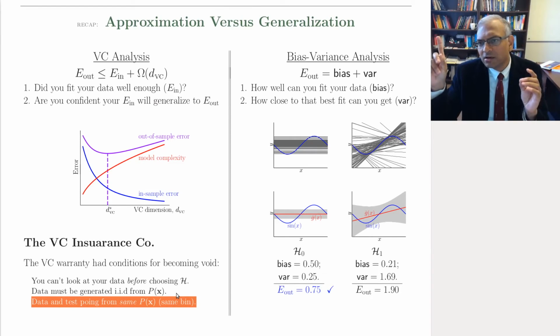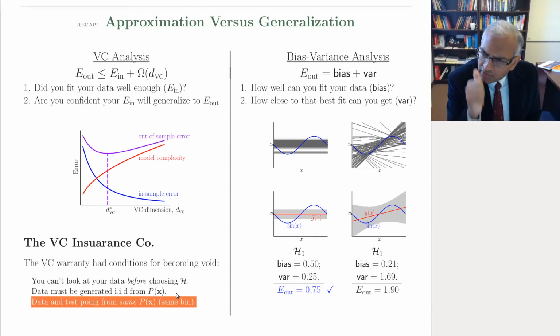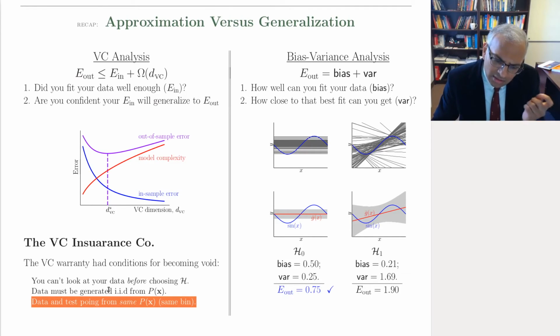You don't poll in Australia and try to predict the election in the USA. And those are the same issues that are at stake here when you're generating your test point. So it must be the case that your data is generated from the same distribution that your test point is coming from.